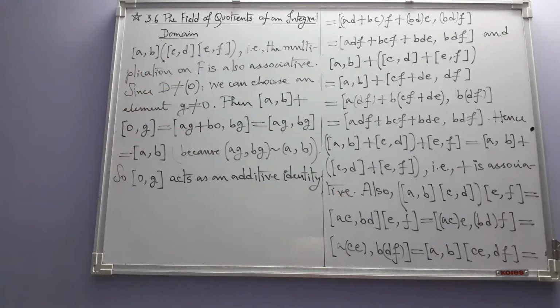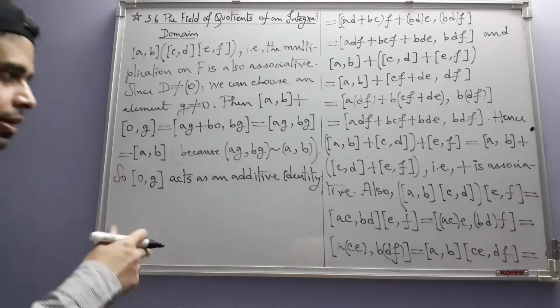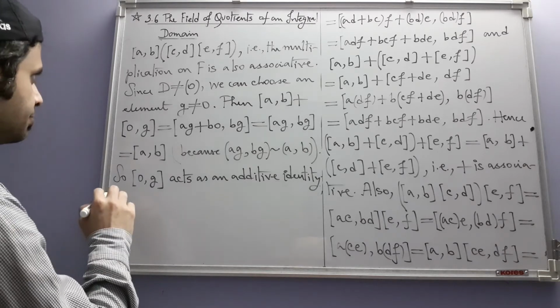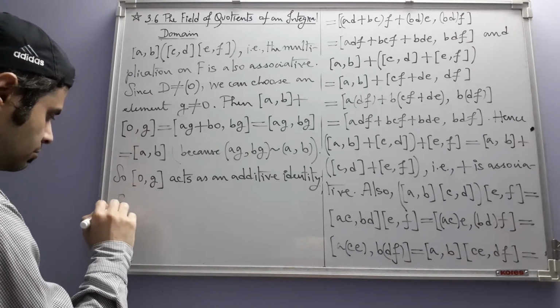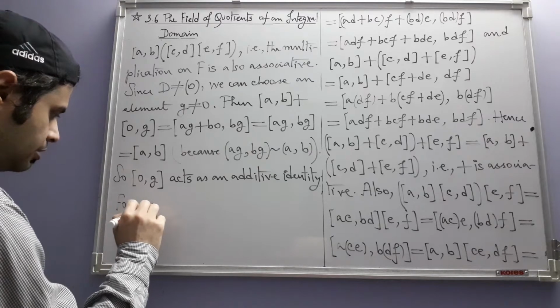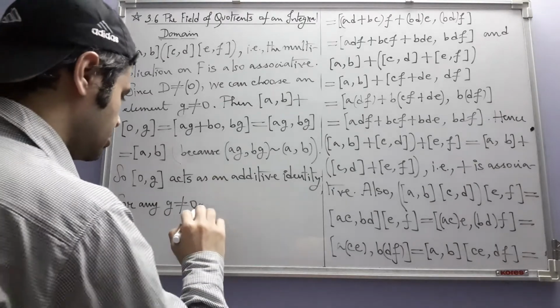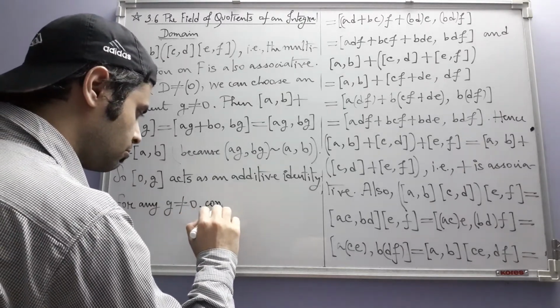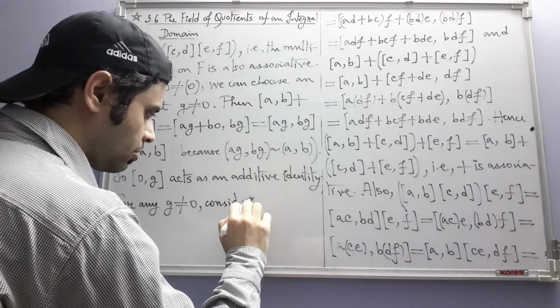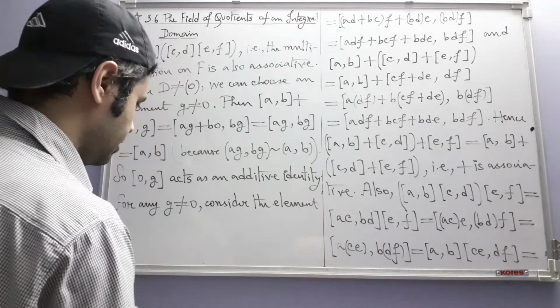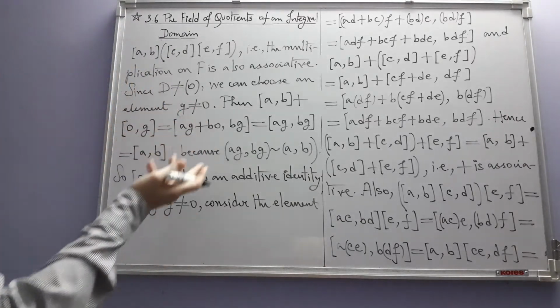Now since we have to show everything that is there in a field, we will also at some point seek a unit element, that is, a multiplicative identity. So let us do that now itself. For any g not equal to 0, g in D, that is understood.